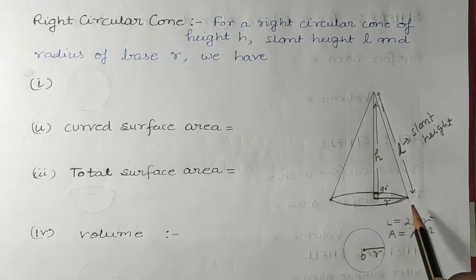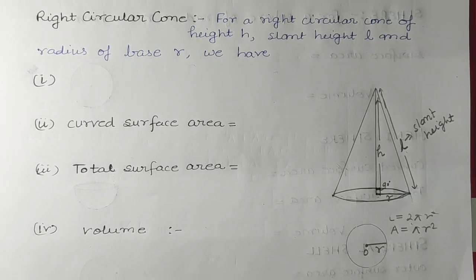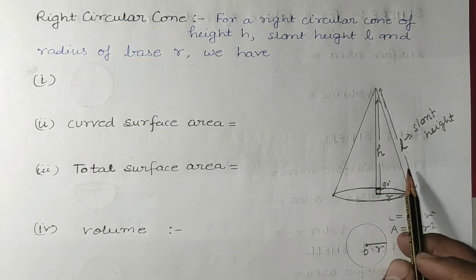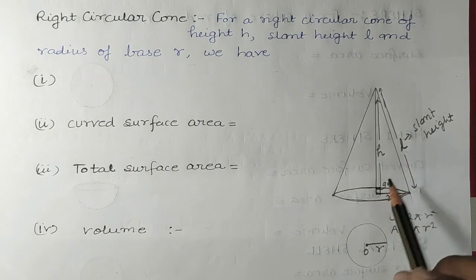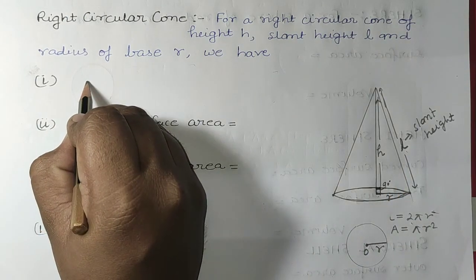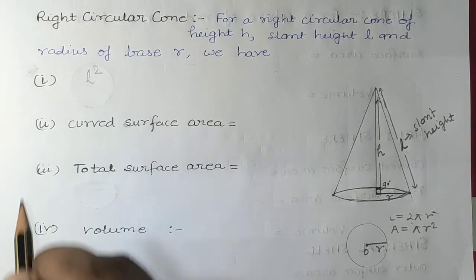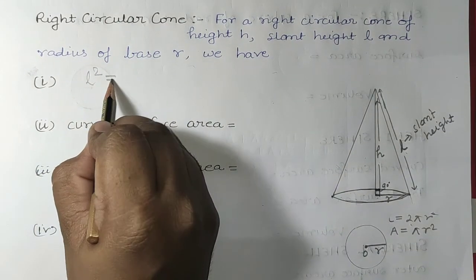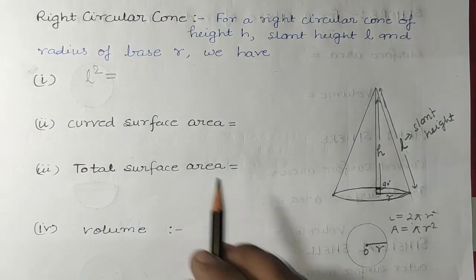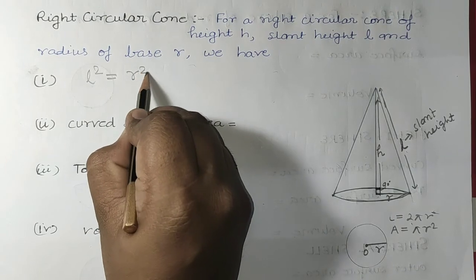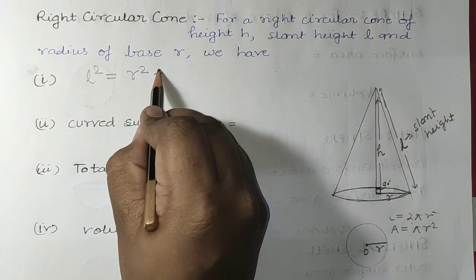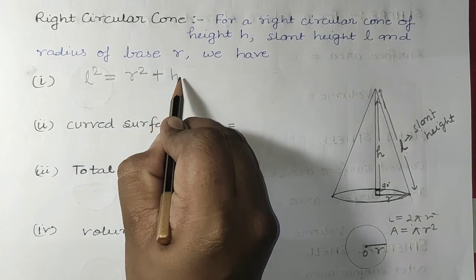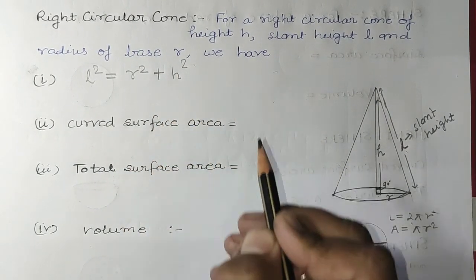In a right triangle, you can apply the Pythagoras theorem. So for this triangle, the Pythagoras theorem will be: hypotenuse square, that is L square, is equal to base square plus perpendicular square. Base is r, so it is r square, and perpendicular is h, so it will be h square.